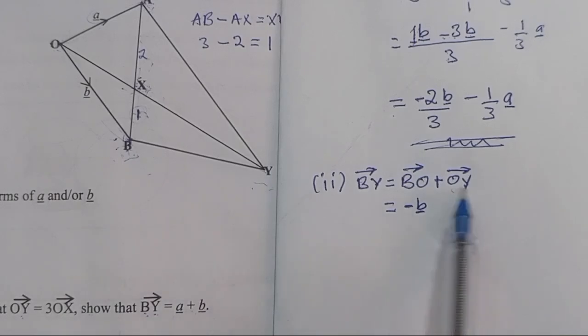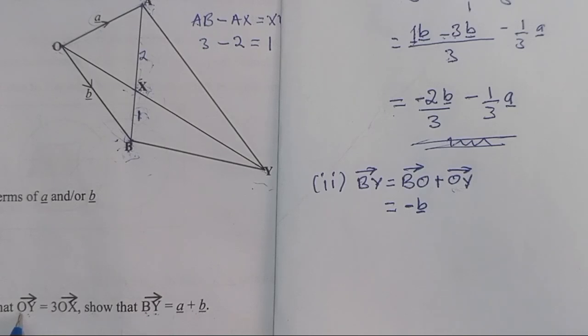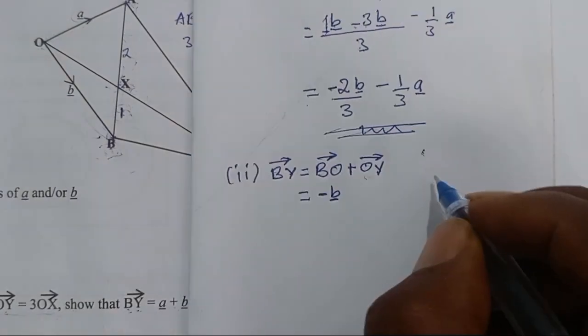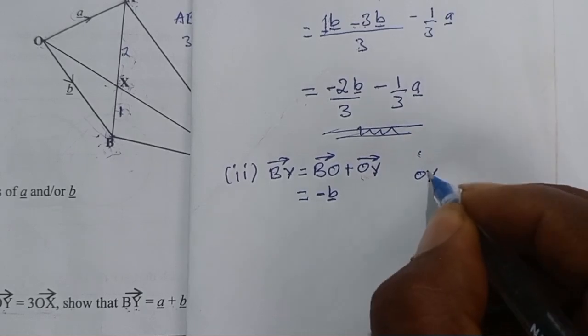Now, do we have vector OY? We have been given the formula for OY, so we are going to find OY using this formula. The formula is already given here. So let me find vector OY.